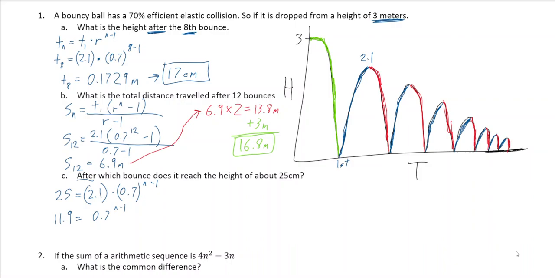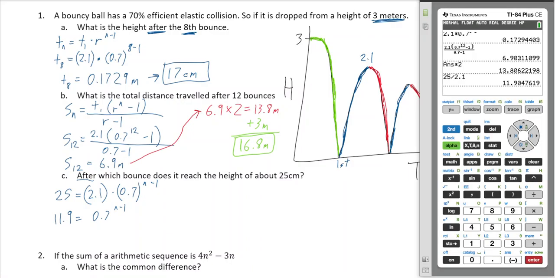So since we don't have easy numbers, we're going to have to just guess and check a little bit. So 0.7 to the exponent, I don't know what it is, 8 minus 1. No, that's the 8th bounce, so it must be before that. So I'm going to say 6 minus 1. No, not quite.